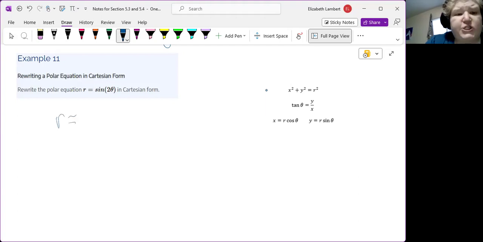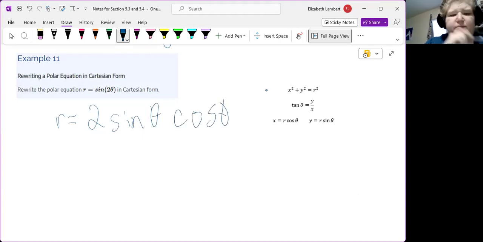So sine 2 theta is the same as 2 sine theta cosine theta. All right, now here it gets a little uglier.